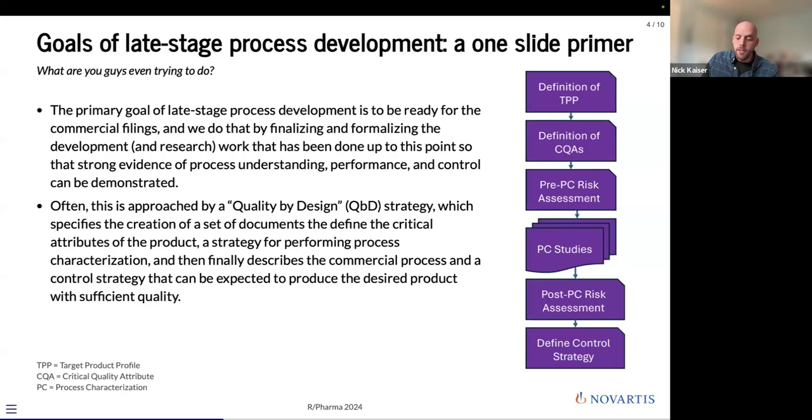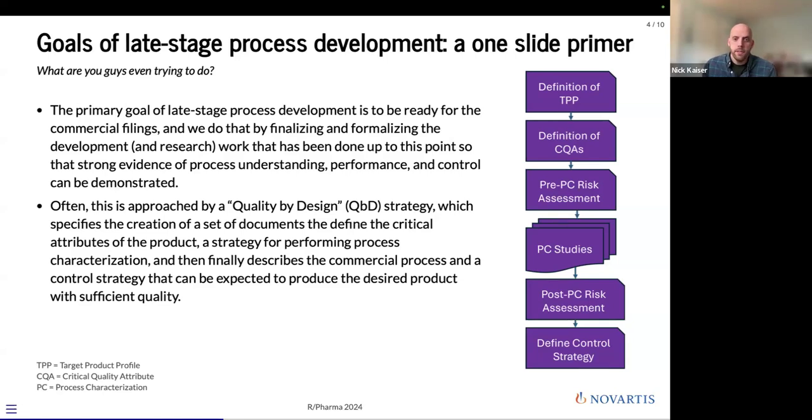So I'm not sure how familiar the audience is with late stage process development, and so I decided to offer a one slide primer. So the primary goal of late stage process development is to be ready for commercial filings, and to summarize all of the development and research work that has been done up to the point of the commercial filings, so that you can demonstrate a strong understanding of the process and propose a control strategy that will be considered robust.